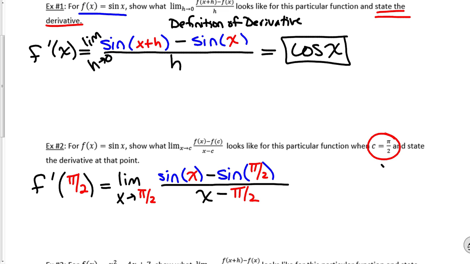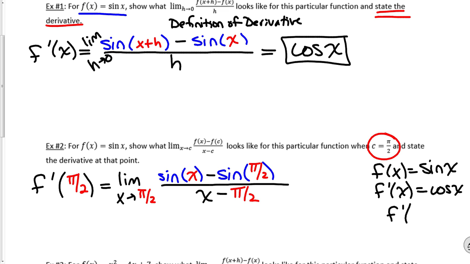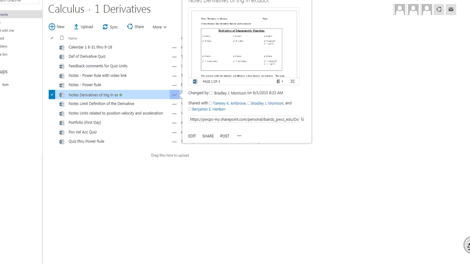And then I'm going to do a little side work. I know that if I have f of x is equal to sine of x, I know that derivative is cosine of x, and I want to find the derivative at pi over 2, so that's going to be cosine of pi over 2.